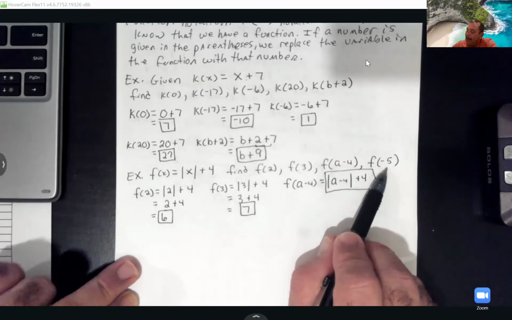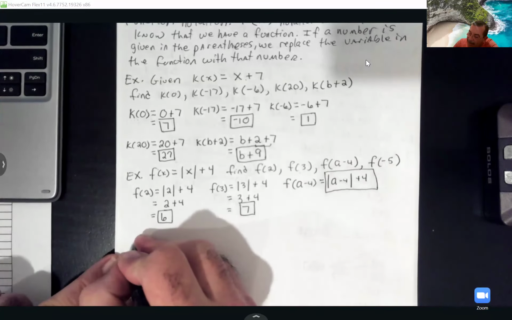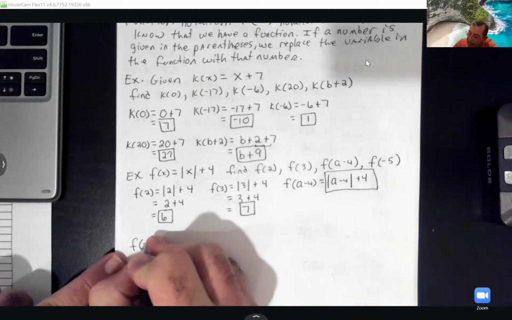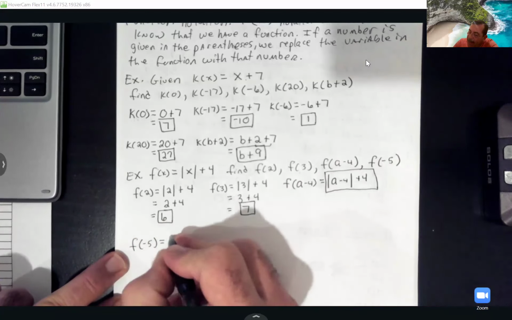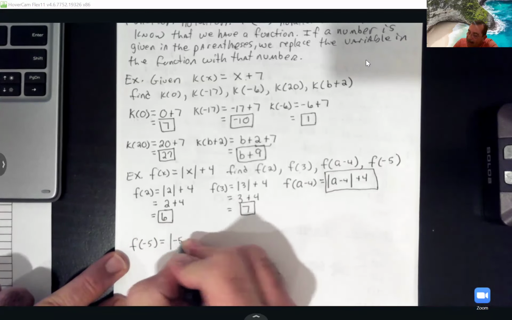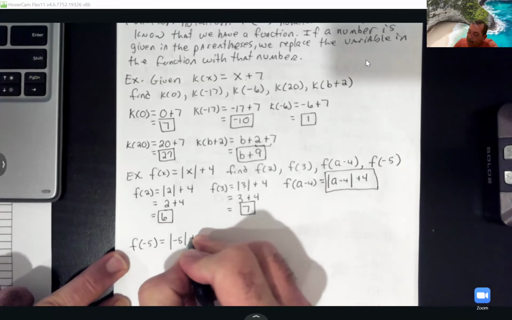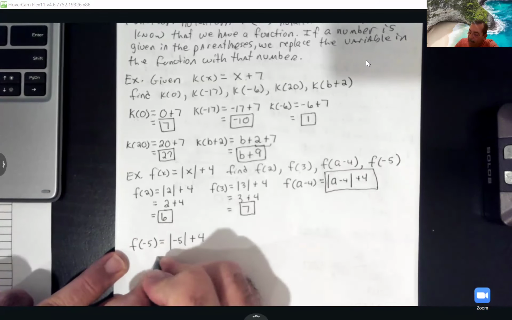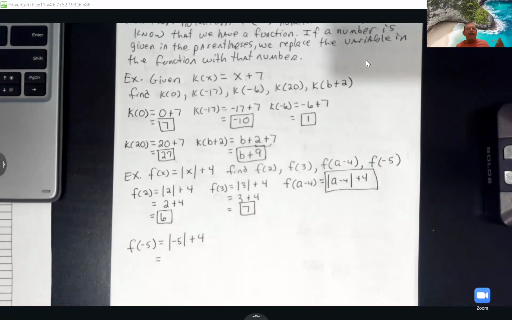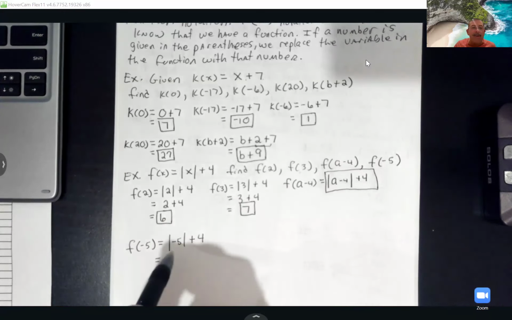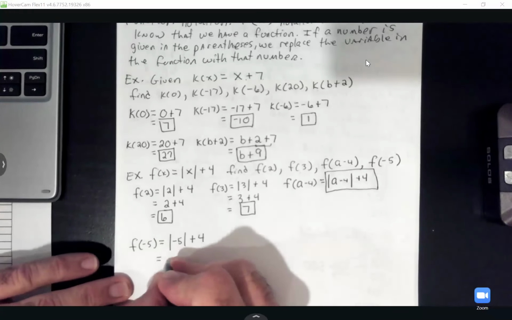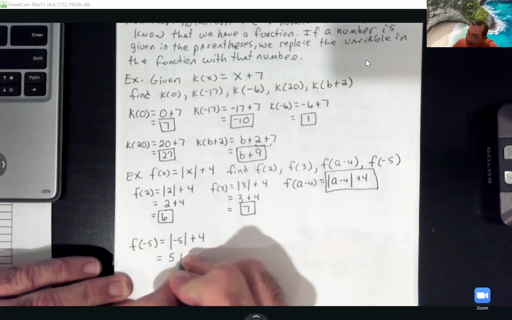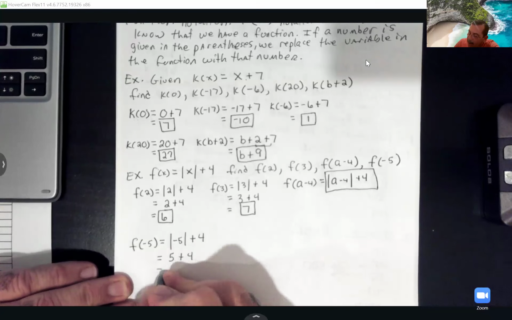All right, y'all. F of negative 5. Let's see what we do there. So absolute value of negative 5 plus 4. All right, y'all. So what is the absolute value of a negative 5? 5. There you go. So that gives me a 5 plus 4.